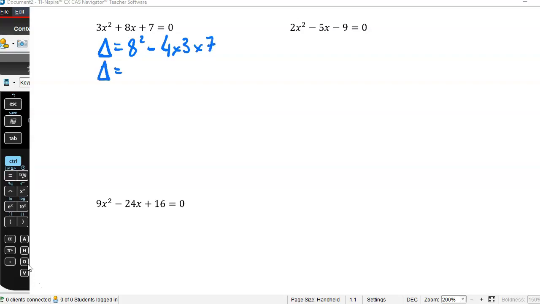So discriminant is equal to 64. So 4 times 3 is 12, times by 7 is 84, and that's negative 84. So that means our discriminant is less than 0. It'll be negative. Therefore, no solutions.